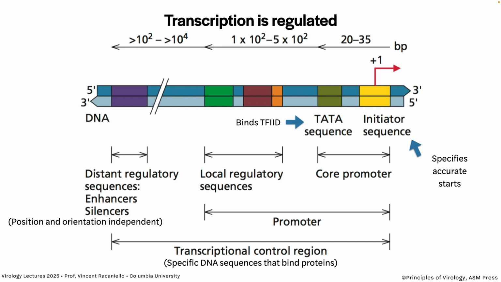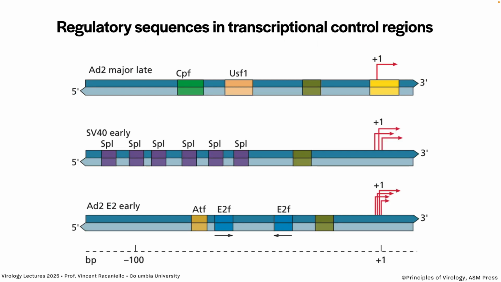You can see these are 100 to 500 bases away, and sometimes thousands of bases away. So all of these are involved in controlling transcription because, as I said, it needs to be regulated. And this is the biggest regulation step in the whole process. Transcription, initiation, elongation, termination. It's initiation that is the most regulated.